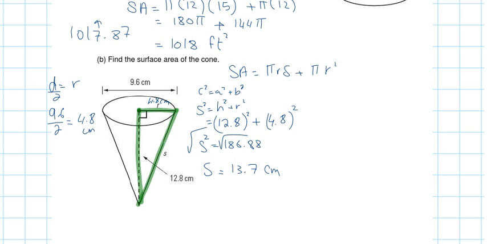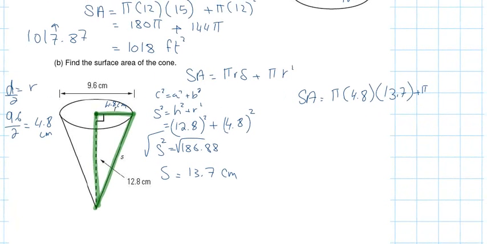Okay, now I know the radius, I know the slant height. All I have to do is plug in my information so I can find the surface area. So it's going to be pi times 4.8 times 13.7 plus pi times 4.8 squared.